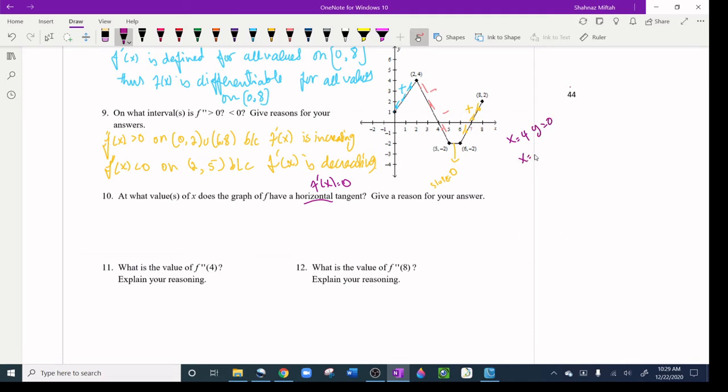For x equal 7, the y is equal to 0. So these are the y values that are zeros. So 4 and 7 are where the y value is 0 and where f prime is equal to 0. So at x equal 4 and 7, the graph of f has a horizontal tangent.